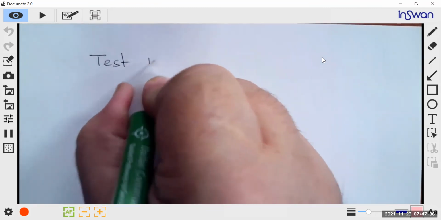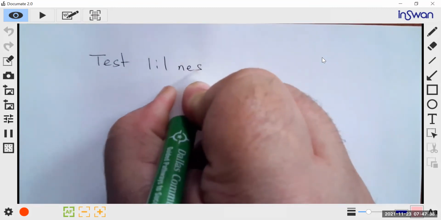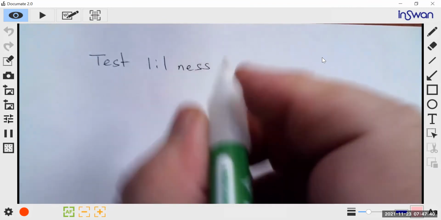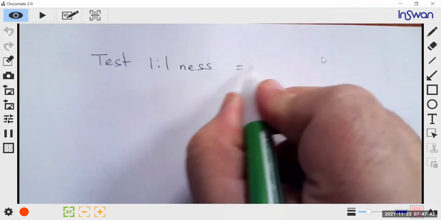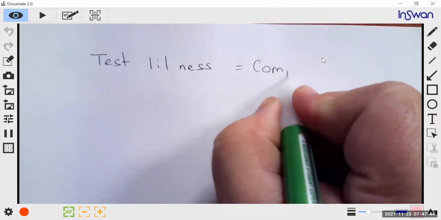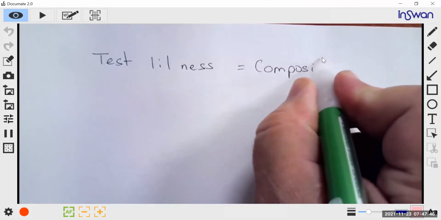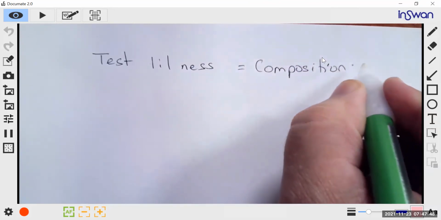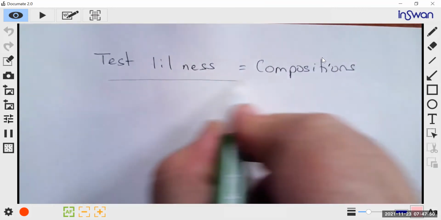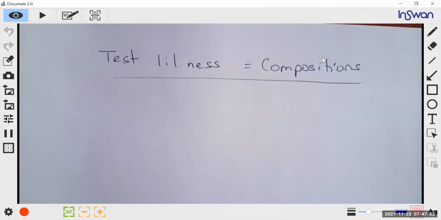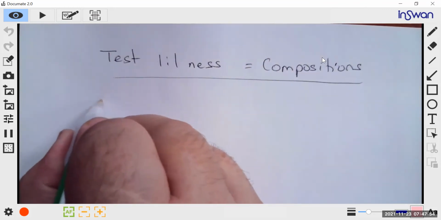Test 1-to-oneness. That's my one word. We use compositions. Basically, this is the reason.